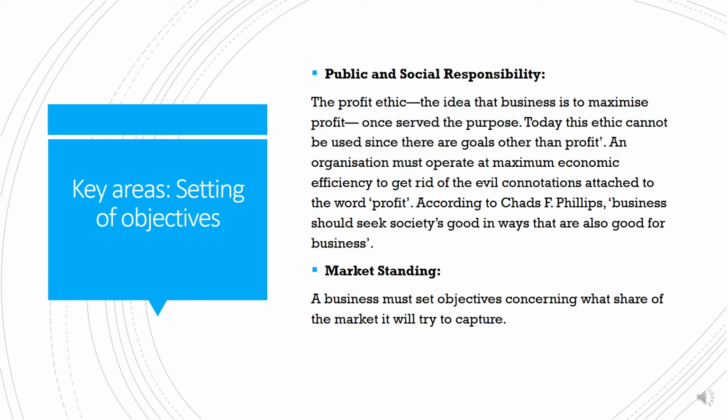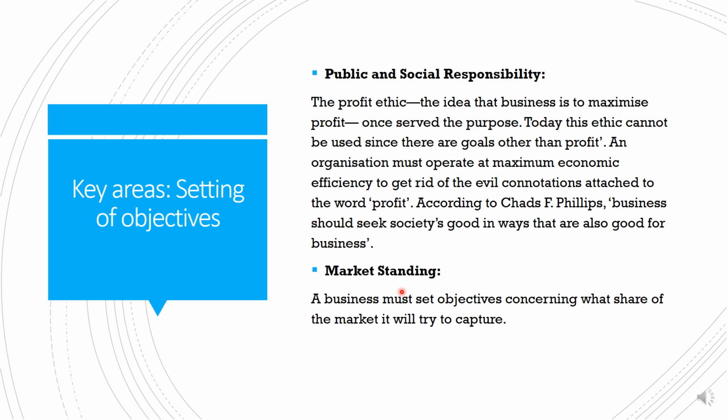An organization must operate at maximum economic efficiency to get rid of evil connotations attached to the word profit. So according to Phillips, business should seek society's good in ways that are also good for business. So you have to find a way where you are also profitable, because if business is not profitable, then society is not going to gain out of it. So business has to be profitable, but not at the cost of society. They should go hand in hand.